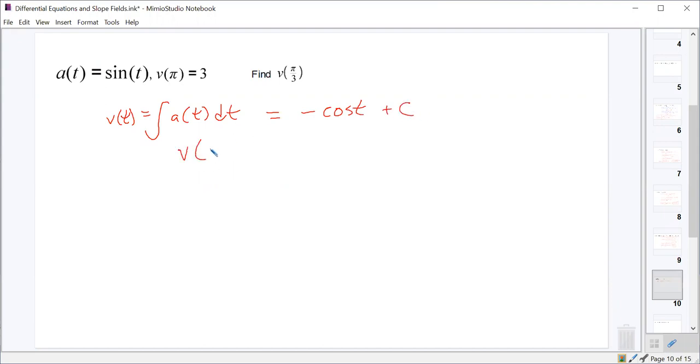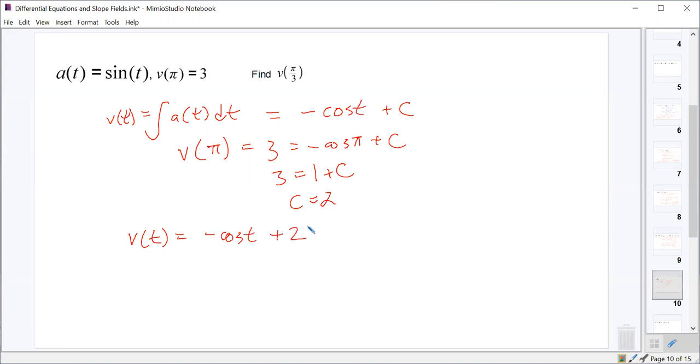And we know that v of pi is equal to 3, so that should be negative cosine pi plus our constant. And what's the cosine of pi? The cosine of pi is -1, right? So a negative -1 gives us 3 equals 1 plus c, or c is 2. So v of t is negative cosine t plus 2.